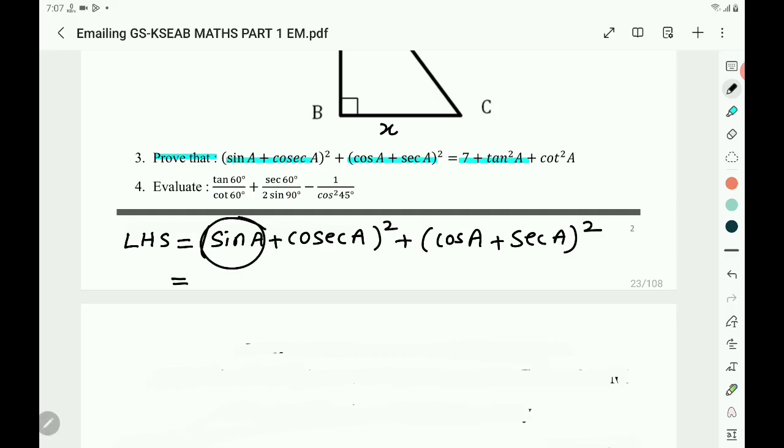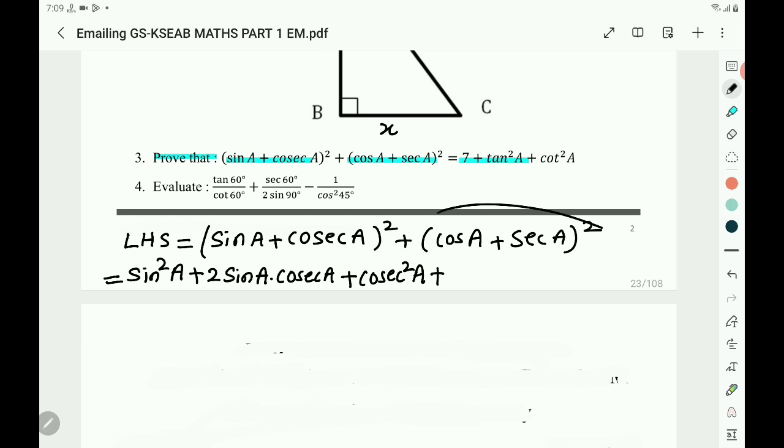A square means square of the first term, that is sin square A, plus 2AB, which means 2 into sin A into cosec A, plus B square, which is cosec square A. Plus, again use the identity (A + B) whole square equals A square + 2AB + B square.